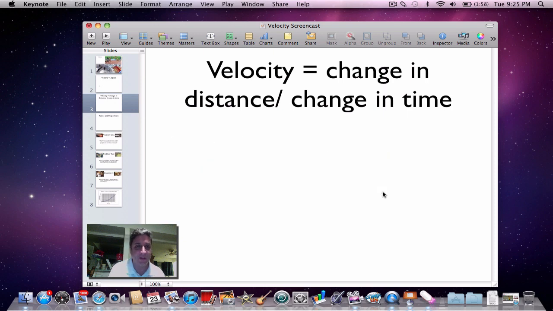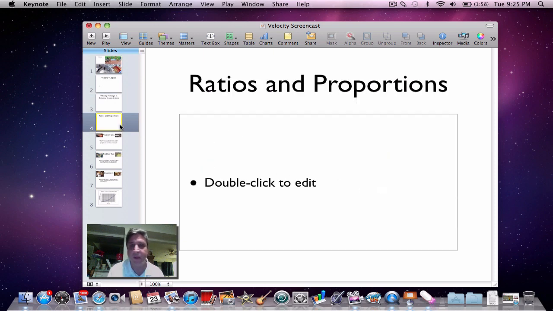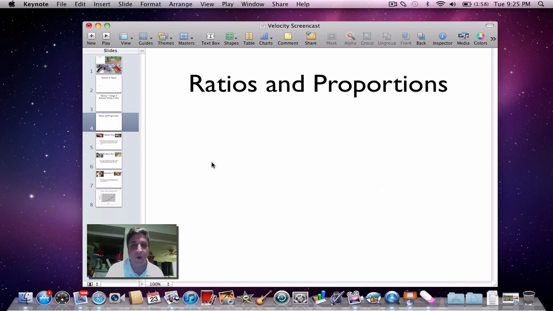Now what that means is, if I go to the next slide, this is about ratios and proportions. All right? And so, in math class, in 7th grade math, you're going to do a lot with ratios and proportions. And so if I'm looking at 10.49 meters per second, that per usually means divided by.